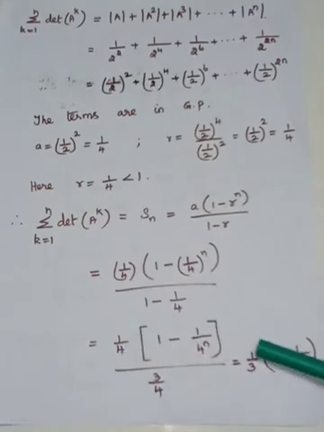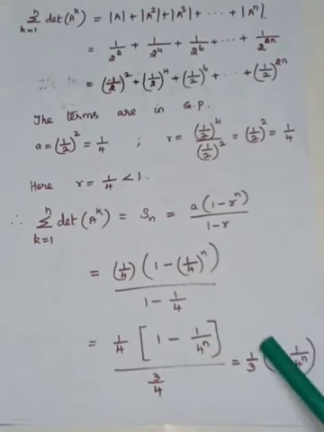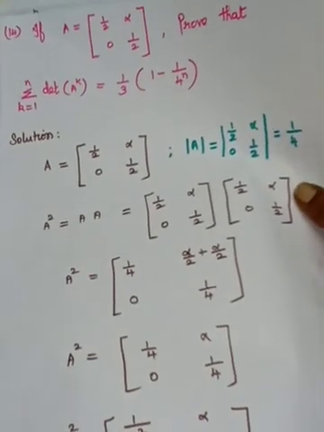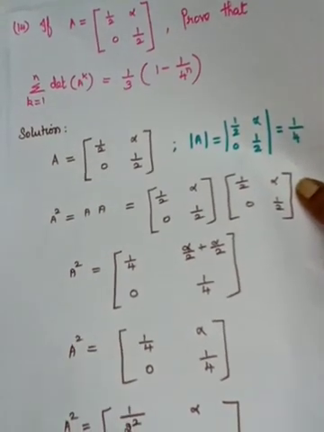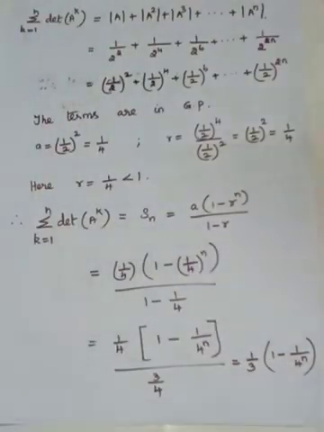So the answer is 1 by 3 into 1 minus 1 by 4 power n. That is the result we have to prove, that is asked in the question. You see that? Summation of k equal to 1 to n, determinant a power k is equal to 1 by 3 into 1 minus 1 by 4 power n. So we have proved the result.